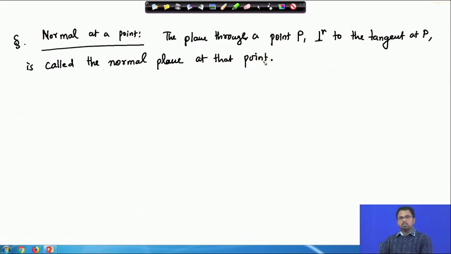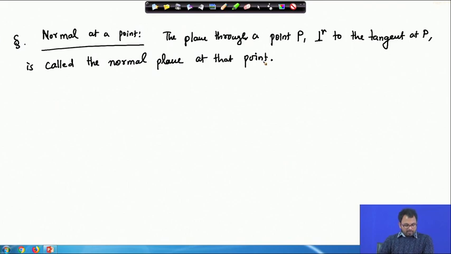Usually that is what we mean by normal. You have a curve and a tangent at a certain point P. A line which is perpendicular to the tangent at that point is called the normal to the curve at that point. A normal plane is like a generalization of the normal to a curve. If a plane passes through a point P and is perpendicular to the tangent at P, then that plane is called a normal plane to the given curve at that particular point P.